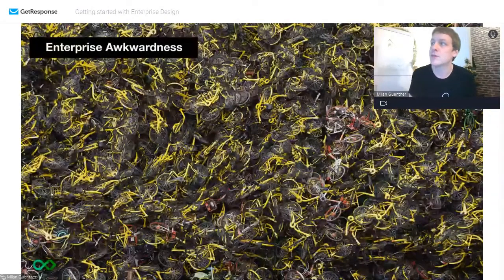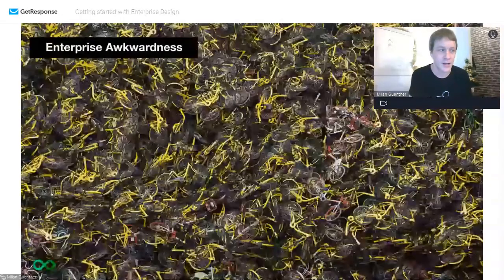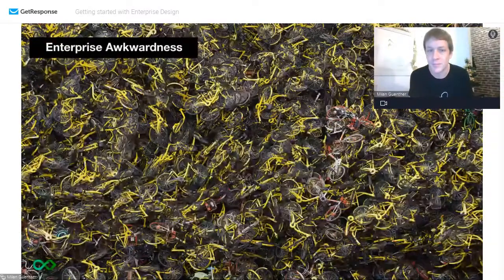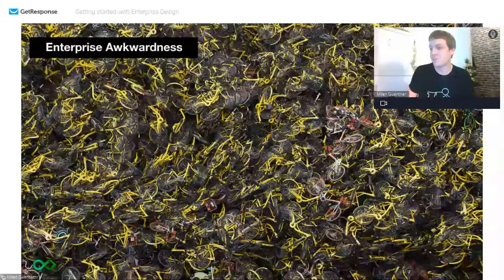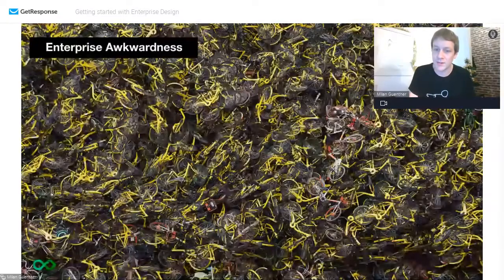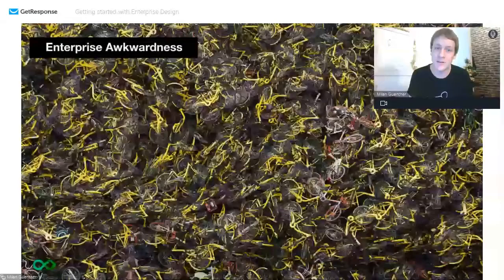So if you want to look at whether or not an enterprise is well designed, sometimes it helps to do the opposite and look at enterprises that are not well designed. And this is where it comes to what we call enterprise awkwardness. So here you see a pile of bikes. Again, the legend says it's somewhere in China, and some enterprise really just messed up.